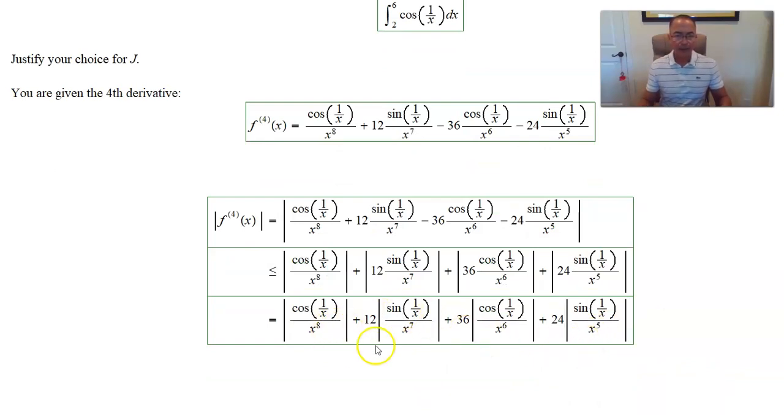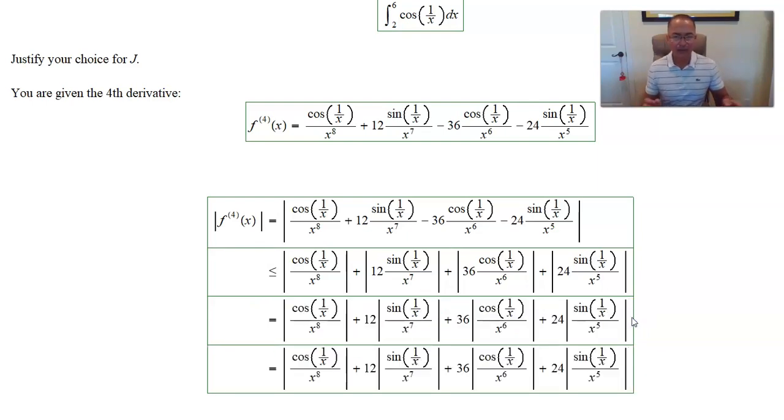And now what? Well, we can apply the quotient property, but in the numerator, we simply have sine or cosine. Okay, so remember what we did last time. The biggest value for sine and cosine is 1. So we can replace all of the numerators by 1, but that's no longer an equation, that's an inequality.